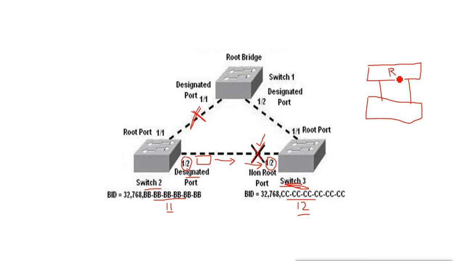On the root bridge, all ports will always be designated ports and in forwarding state. Why? Because any other switch trying to connect to the root bridge does so from its ports, so all ports of the root bridge have to be designated and in forwarding state, so that anyone can connect to the root bridge.